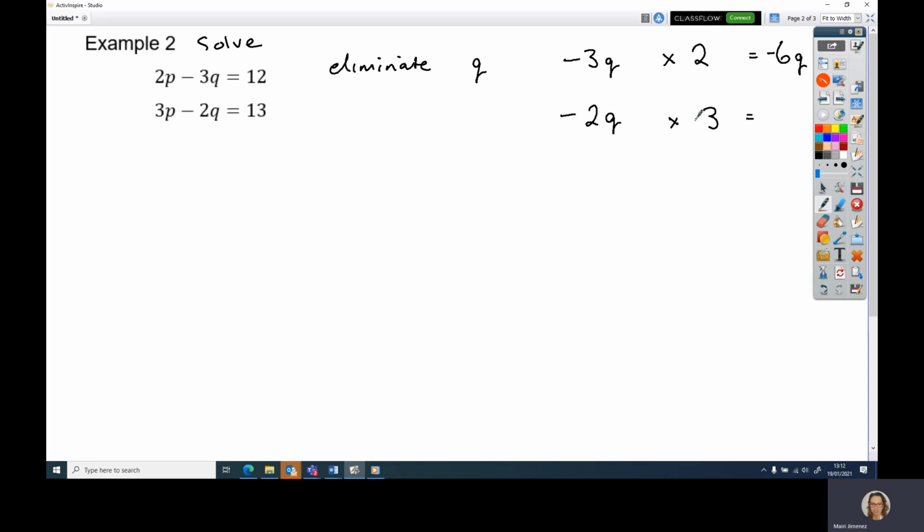But if I take the second equation and multiply by a negative, 2 negatives multiplied gives a positive, so that will be +6Q. So it would be better to have one positive and one negative, so -6Q, add 6Q, because they add up to 0. So this method is one where you can always add the equations if you have opposite signs.